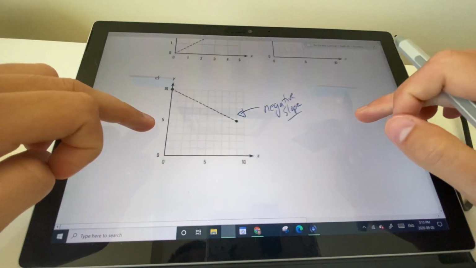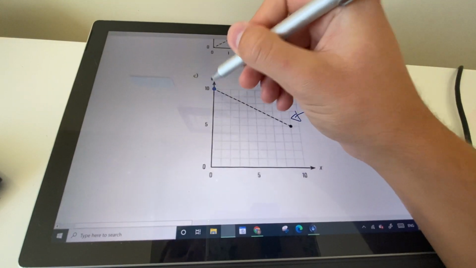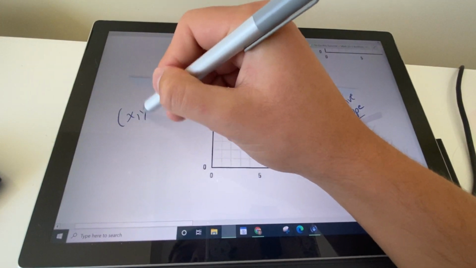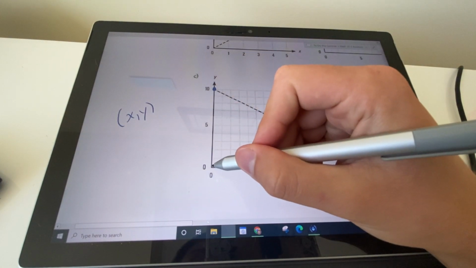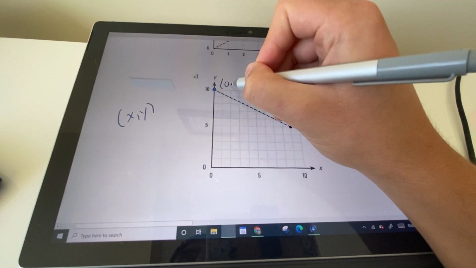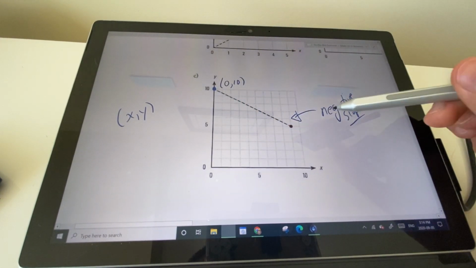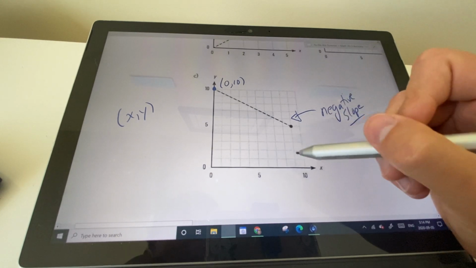So let's look here. We have 2 coordinate points on this graph. Remember, coordinate points are x and then the y value. This one, your x value is 0 while your y value is 10. So this is 0 and 10. This point here, you have an x value.